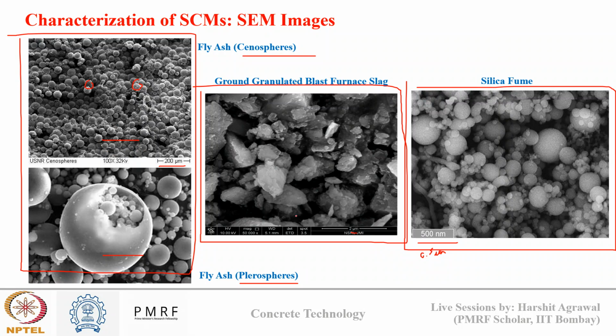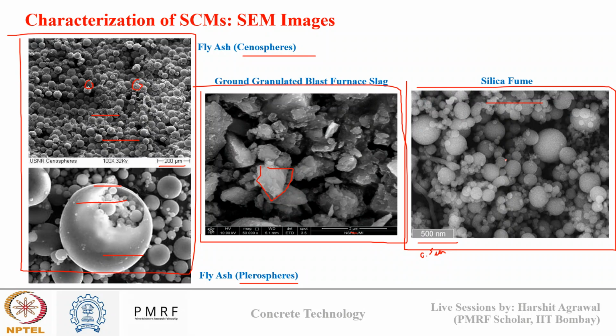Then we have GGBFS. Unlike fly ash, which is spherical, GGBFS particles are angular and irregular, and this is due to rapid cooling of molten slag followed by a grinding operation, which makes these spherical particles turn into angular and irregular particles. So we saw in fly ash, we are not doing grinding, we are just doing rapid cooling.